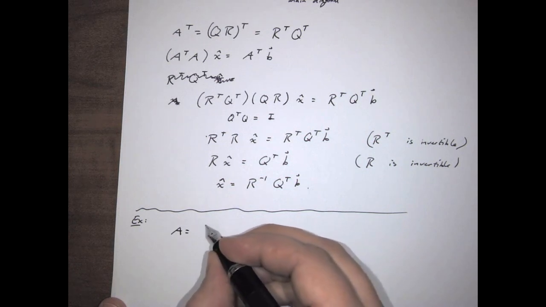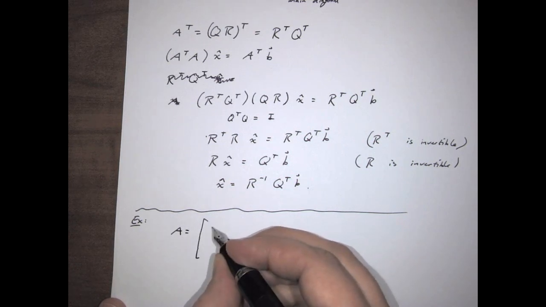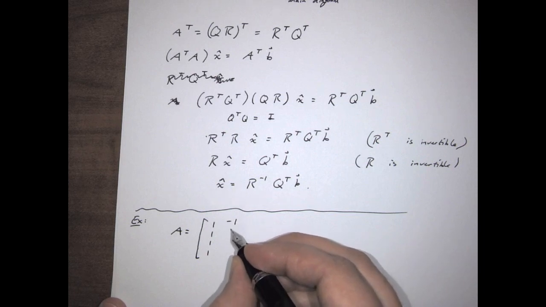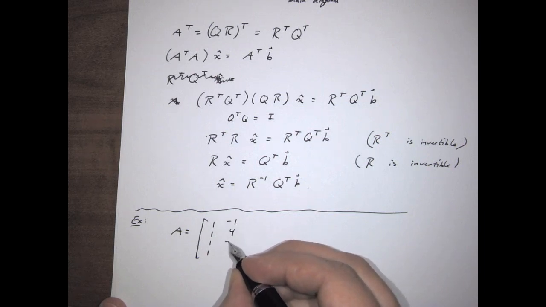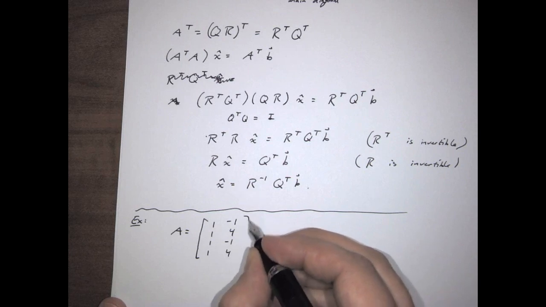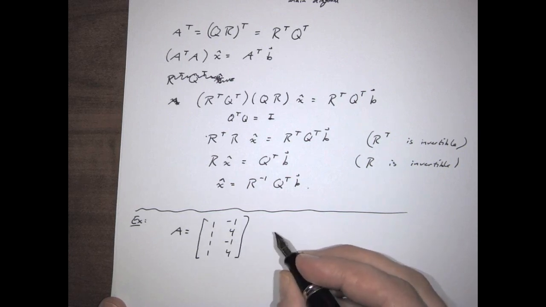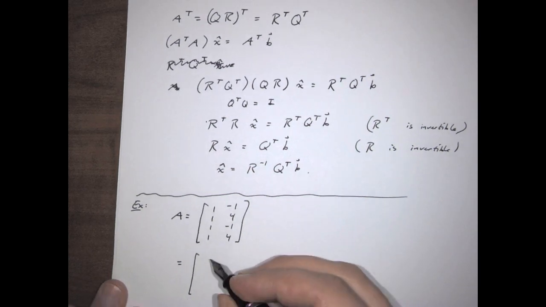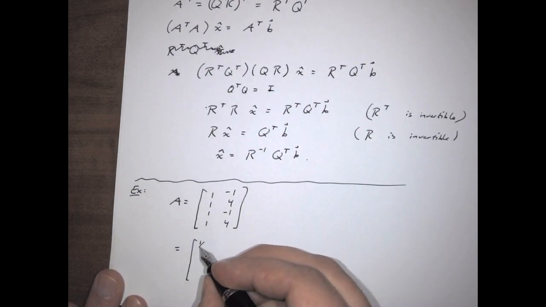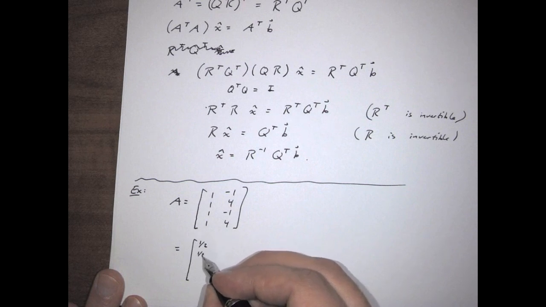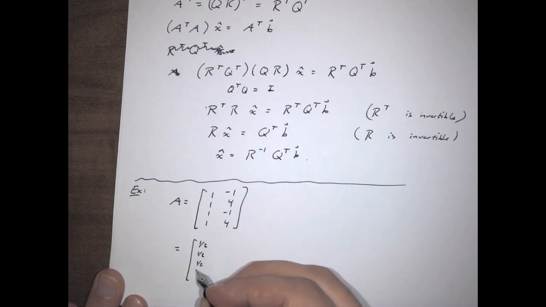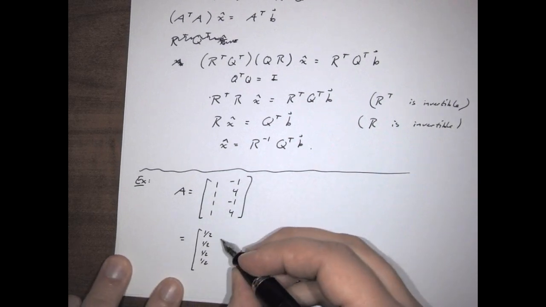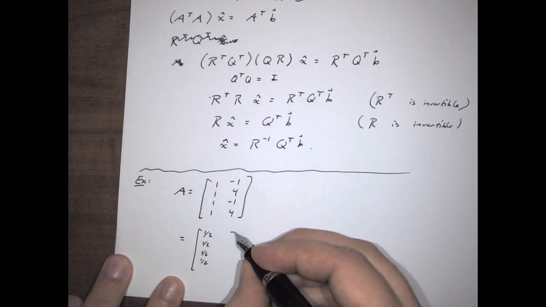Okay, so A is equal to 1, 1, 1, 1, negative 1, 4, negative 1, 4. And that happens to also equal 1/2, 1/2, 1/2, 1/2. So this is the Q that we're making right here.